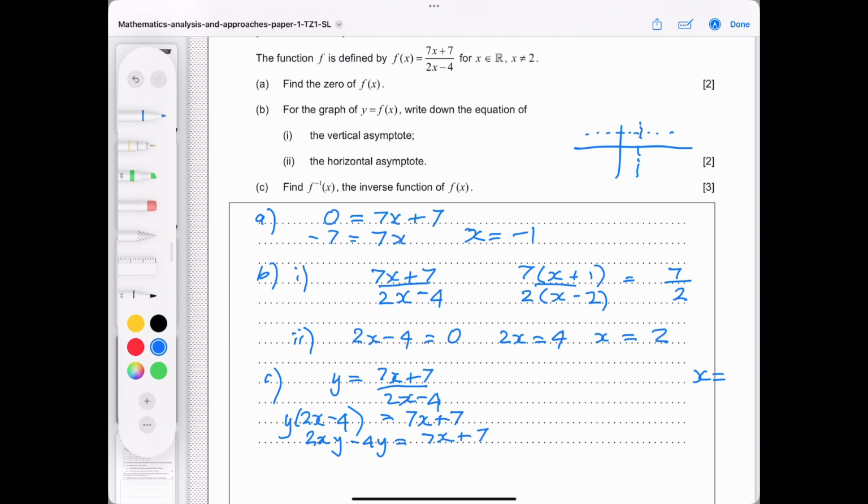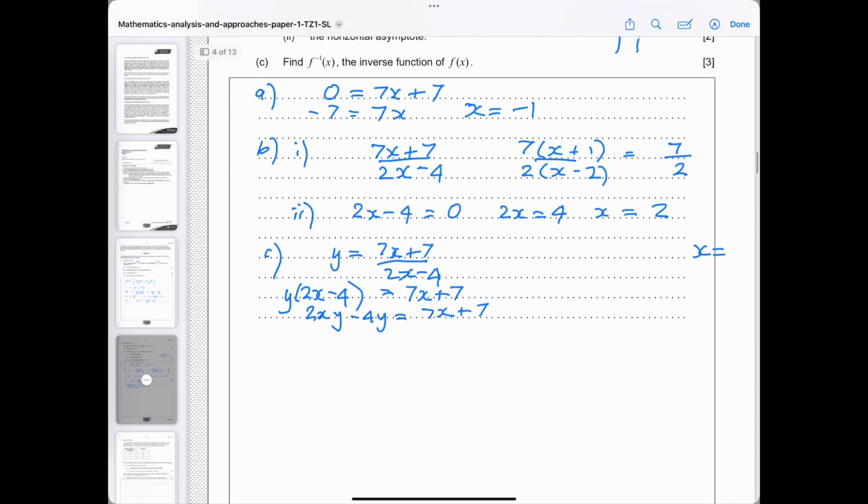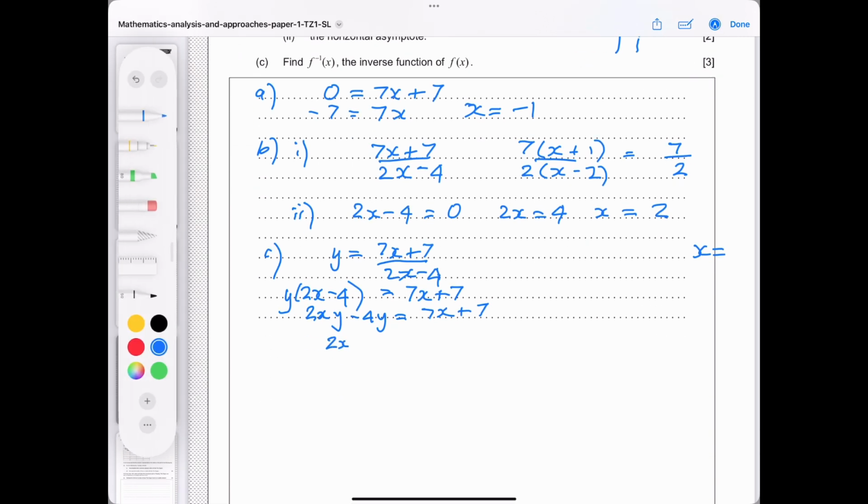Then let's make that 2xy minus 4x equals 7y plus 7. Now we need to get all our y's on one side and as many of our x's on the other as possible. So let's add 4x to both sides. That means 2xy equals 7y plus 7 plus 4x. Let's take 7y off both sides. So 2xy minus 7y equals 7 plus 4x.